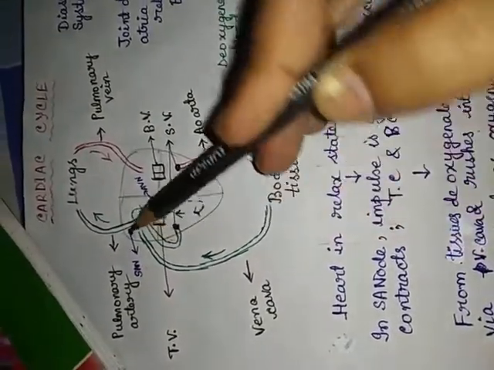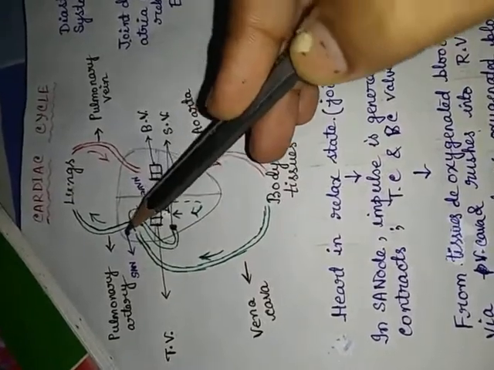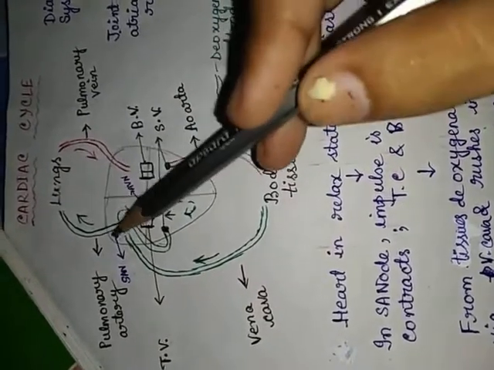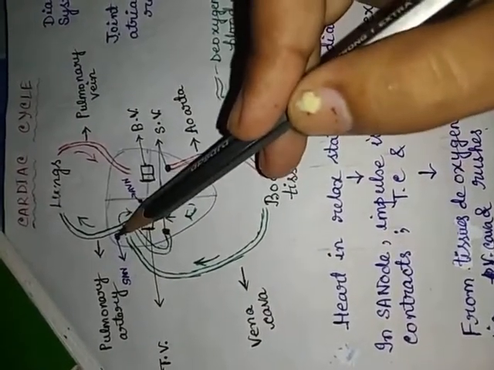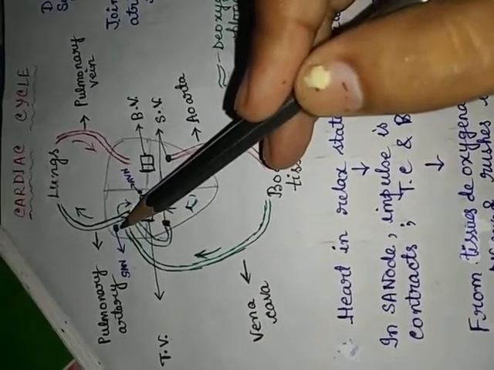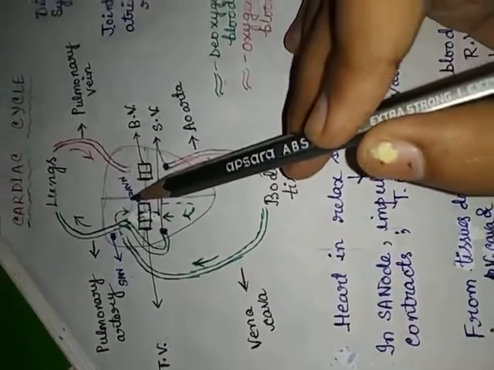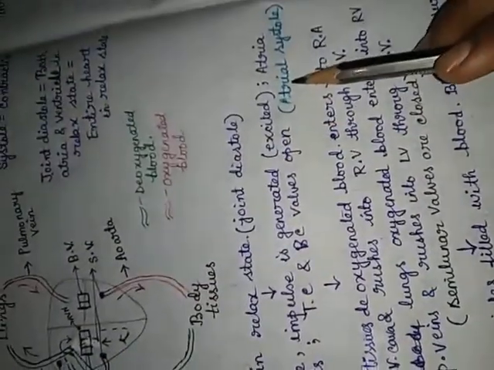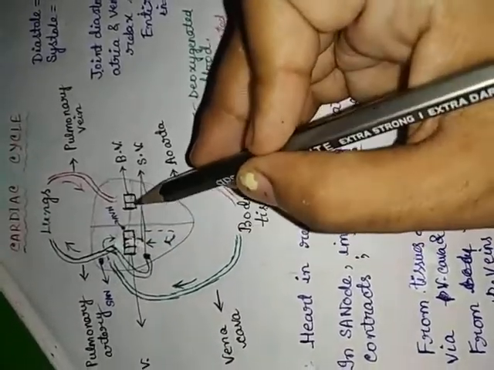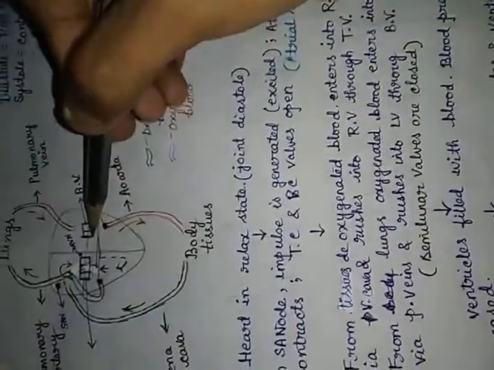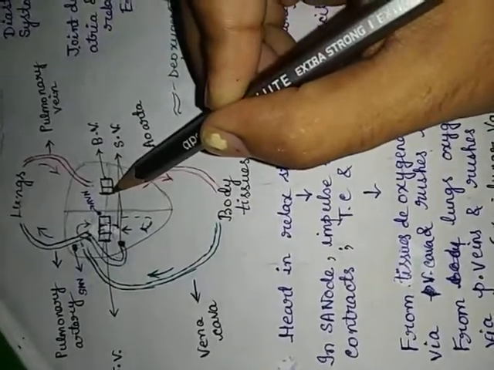Listen, the SA node first becomes excited, or an impulse is generated. When it is excited, as it is present in the atrial muscles, both the auricles become contracted, meaning atrial systole. Now the tricuspid valve and the bicuspid valve become open.